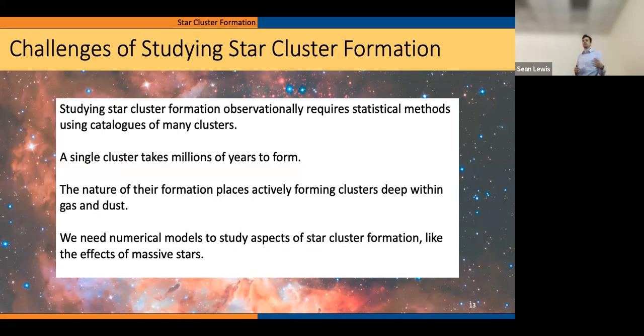A second problem is that even if we could watch a single cluster form from beginning to end, clusters form within thick clouds of gas and dust, and those ultimately obscure our view using observational methods. So clusters form in obscure environments, and they take a long time, at least on human scales, to observe. For these reasons, we need to employ numerical models to fully study the star cluster formation process.